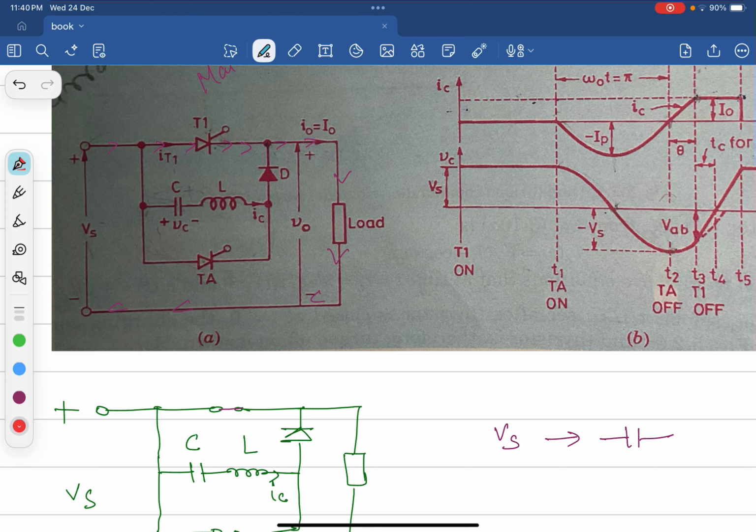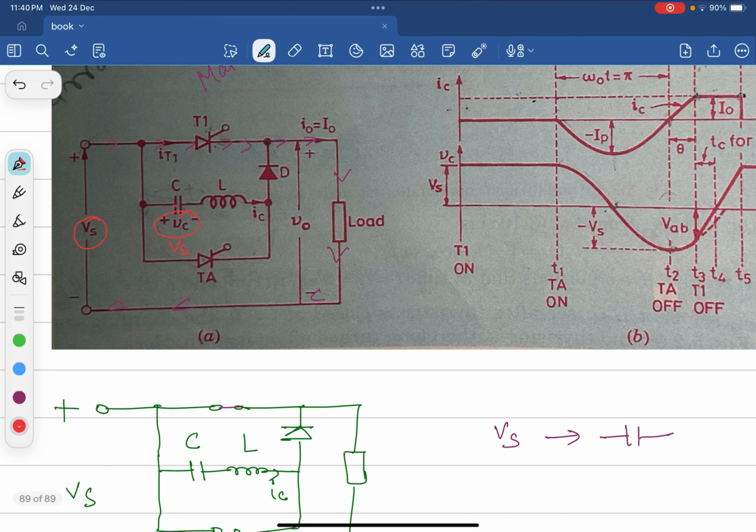The question arises: why does this charged capacitor not discharge through this path to this thyristor? The reason is that the source voltage and the capacitor voltage are the same. When the potentials are the same, no current can flow. Only one path is available: the current flows through this thyristor, which is shorted, and the current passes through the load I naught.